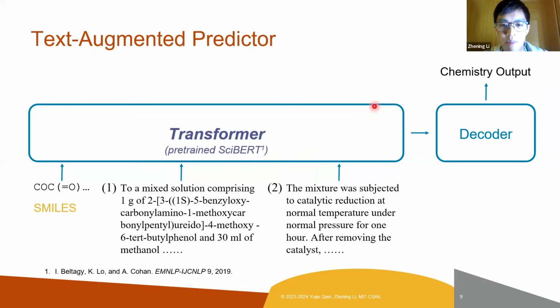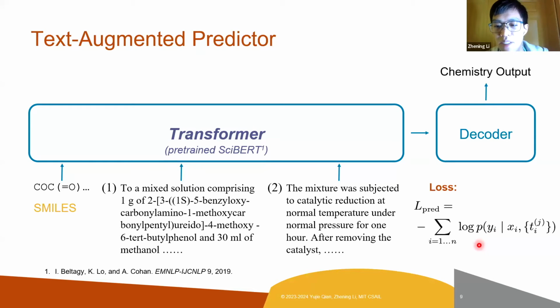The transformer encoder then encodes this input, including the SMILES and the retrieved text, into an embedding vector, and this is then decoded into the desired output. The loss function used here is simply the maximum likelihood objective. We want to maximize the probability that our model assigns to the training data set.